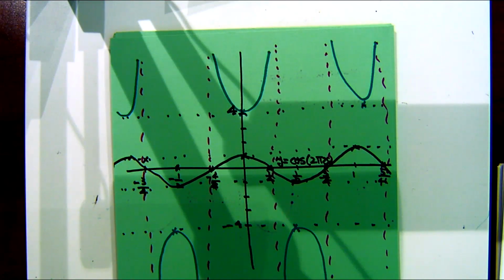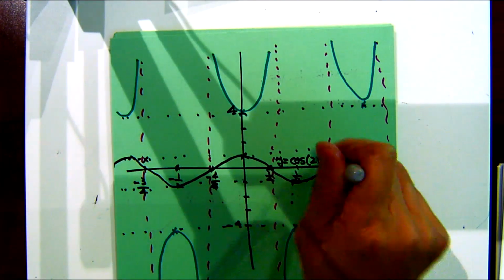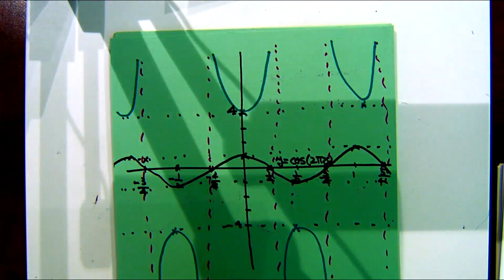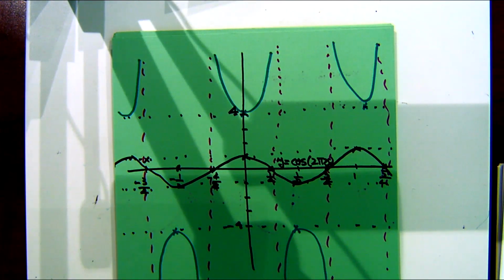I believe it's important to identify what the vertical asymptotes are and what the minimum and maximum are, whether this is flipped in this way or this way, and so on, when you choose the correct answer. Any questions?